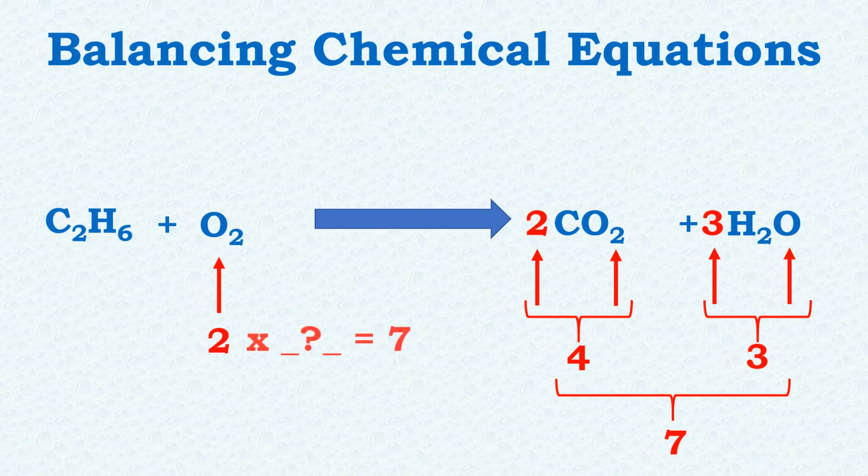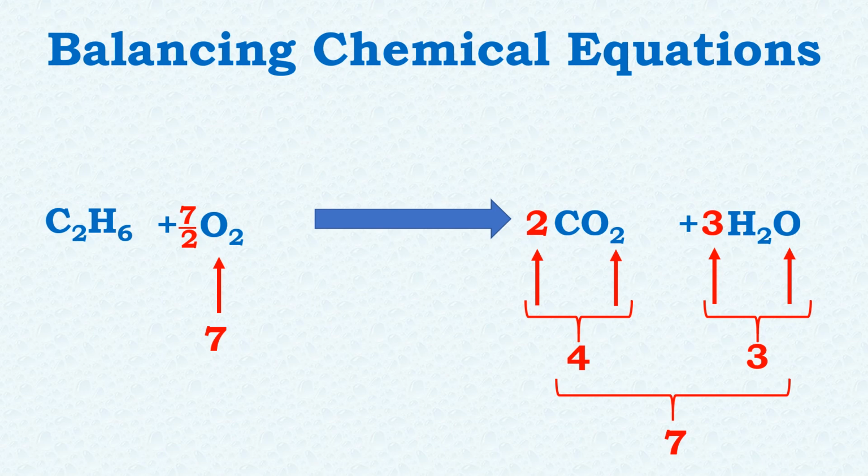We can always insert a coefficient in order to balance the equation. In this case, we need 7 oxygens on the reactant side. 3.5 or 7/2 will give us 7 oxygens. Notice there's a fraction as a coefficient.